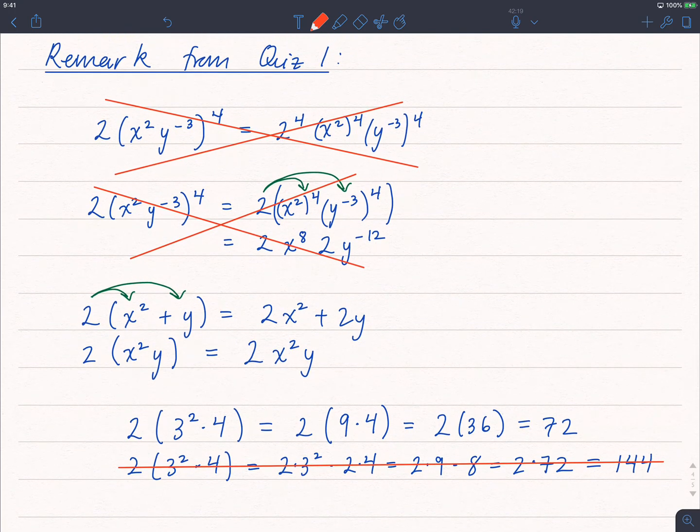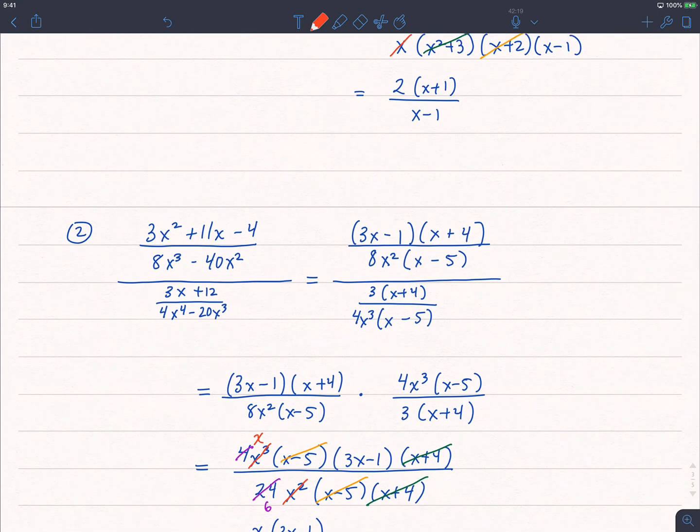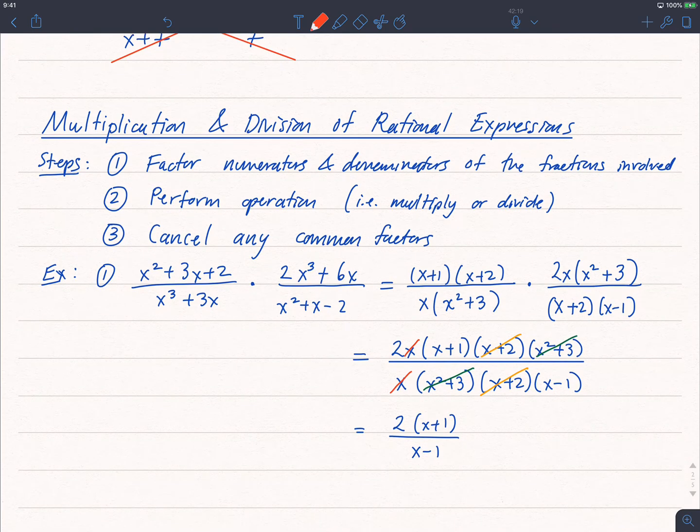Now, from last time, we went over how to multiply and divide rational expressions. So we first factored everything, and then we multiplied the numerators together and the denominators together, just like when we multiplied fractions of just numbers together. And then in the end, we canceled out common factors of the numerator and denominator.